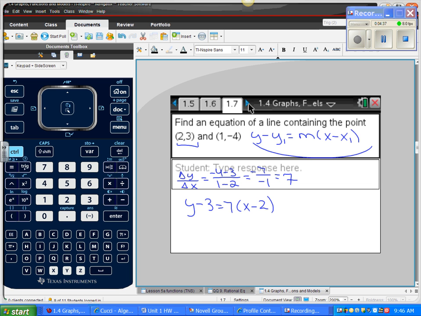And again, you need to make sure that you put it into slope-intercept form. So you need to distribute that 7 and then add over your 3. Okay, so again, you're finding the slope, and then you are taking your point and your slope, plugging it into point-slope form, and then solving for y.